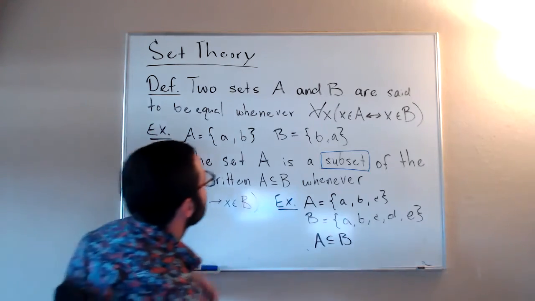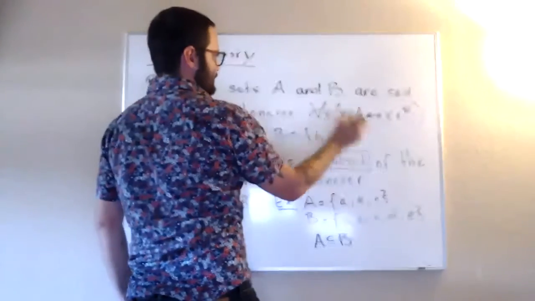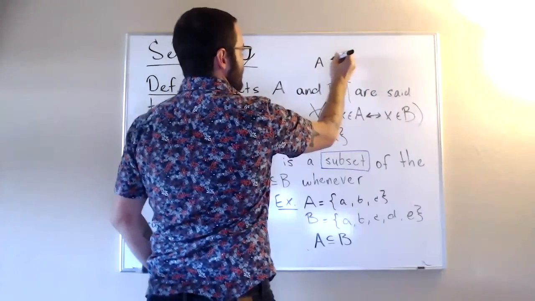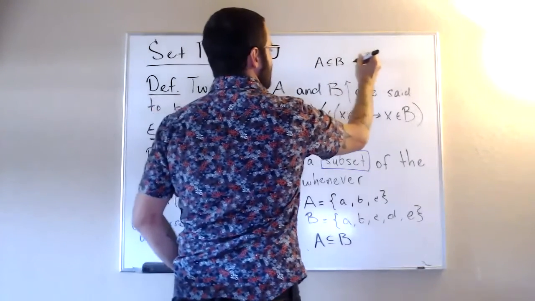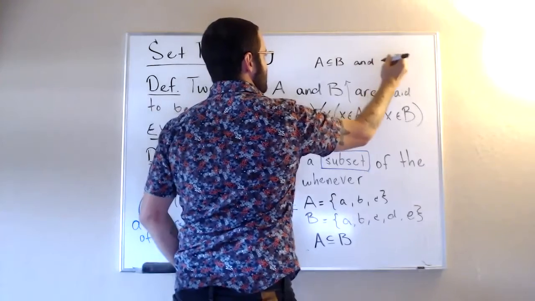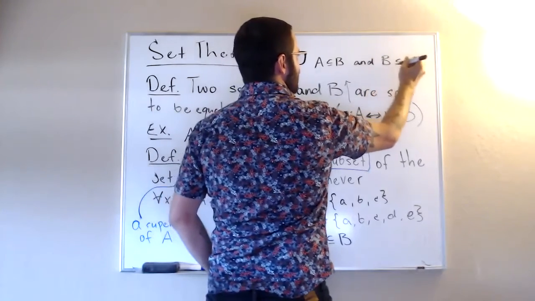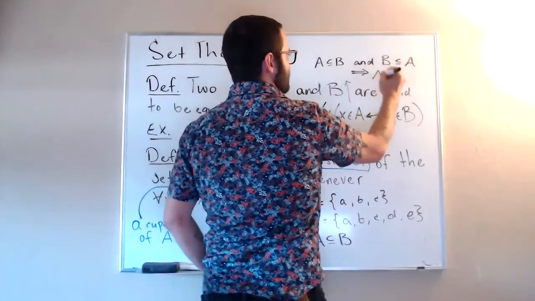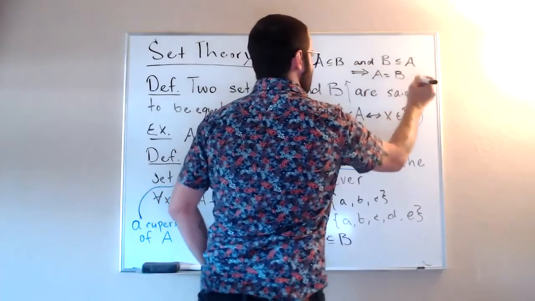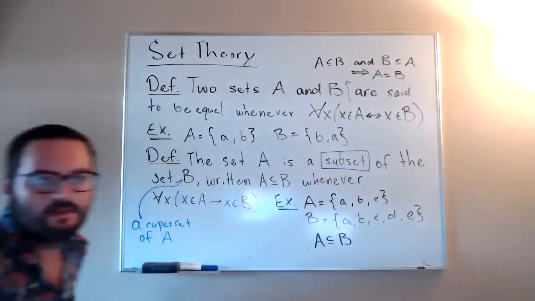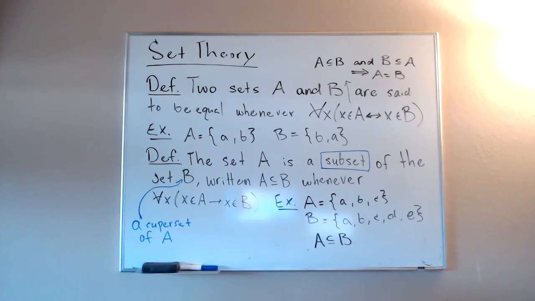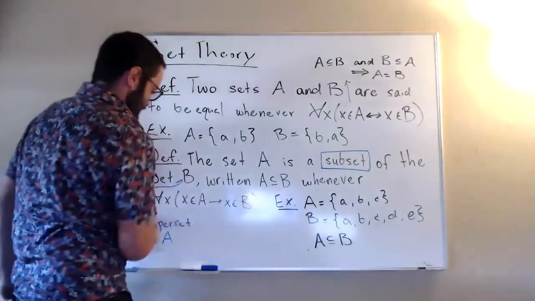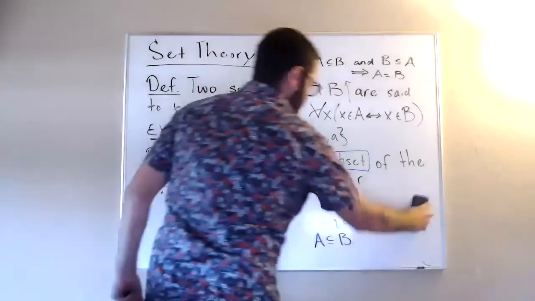So another way of defining equality is to say that A is a subset of B and B is a subset of A. When that happens, this implies that they're equal. All right, so let's continue.